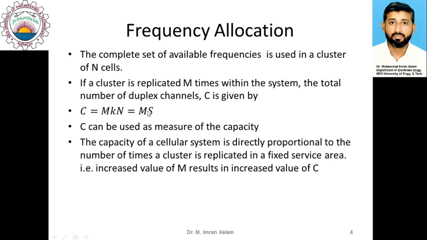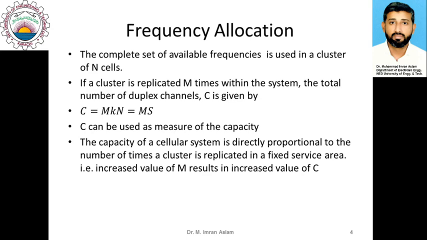Alternatively, we can represent this total number of full duplex channels as M multiplied by S, where S is the number of channels in one single cluster and M represents the number of times the cluster has been replicated.